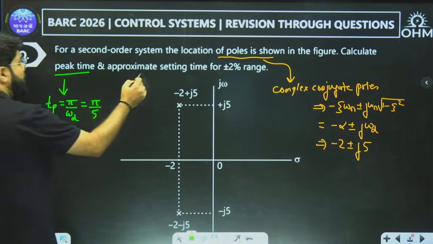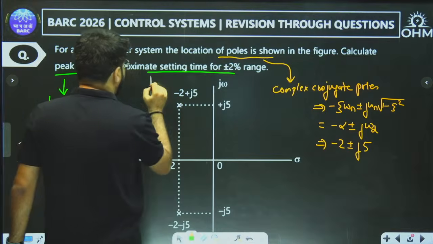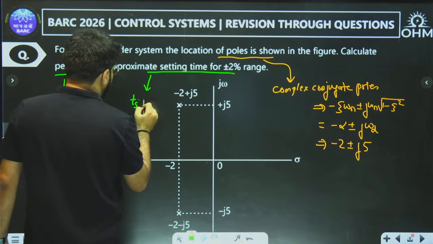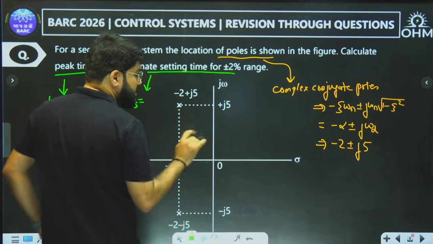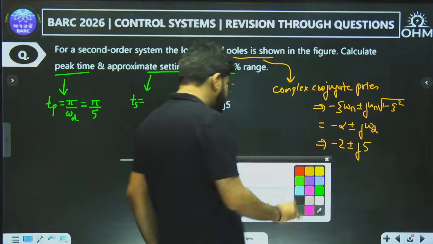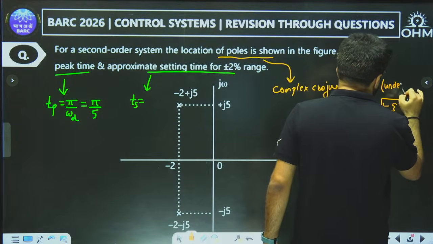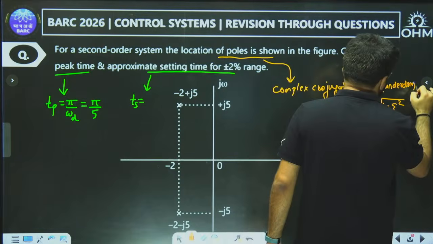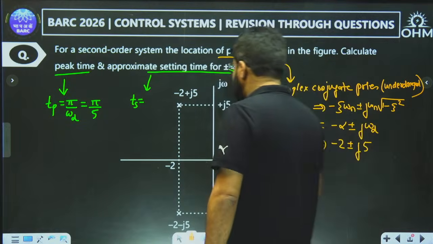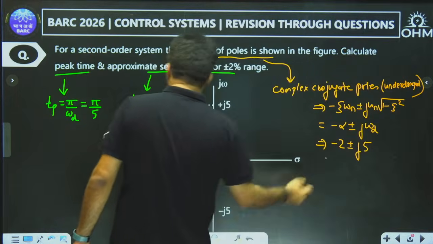Then approximate settling time for the 2% range. For a second order underdamped system, poles are complex conjugate, which means the system is underdamped. Now, what is that settling time?